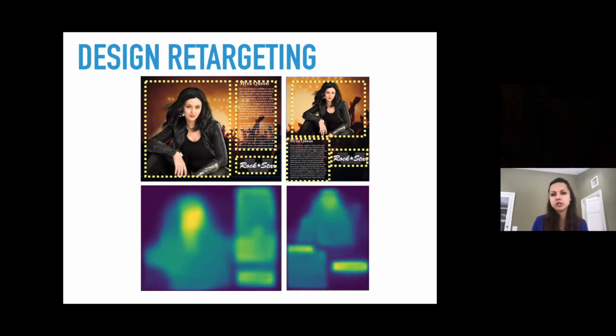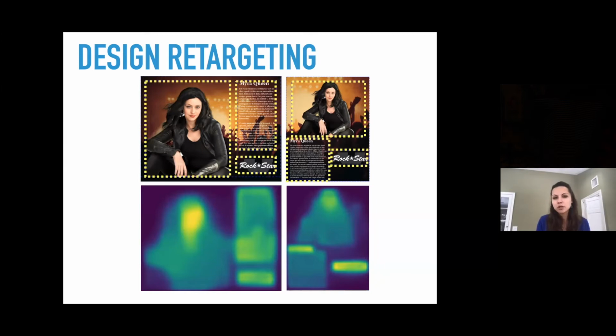Here, given an initial design and an algorithm that can generate a bunch of variants, like the genetic algorithm I showed you in the previous example, what we can do is use importance predictions for selecting the most viable candidates. So the best retargeted versions given this target aspect ratio.